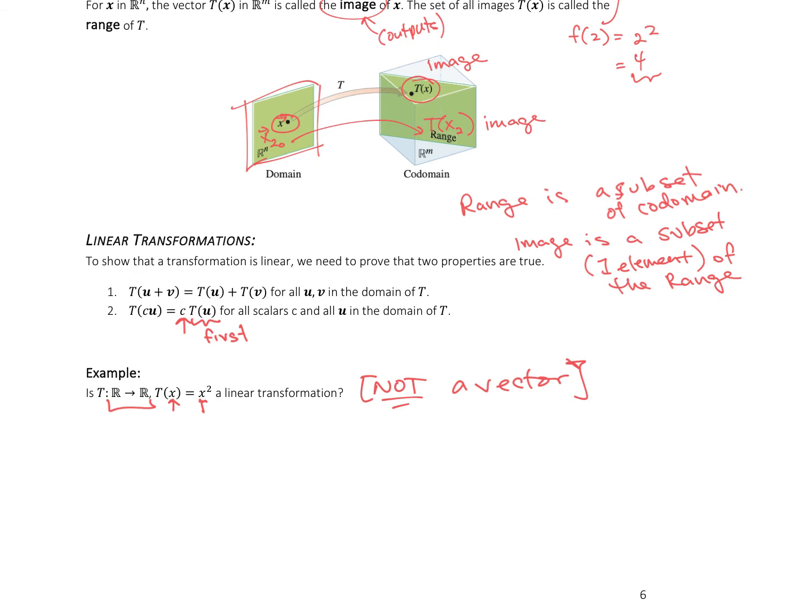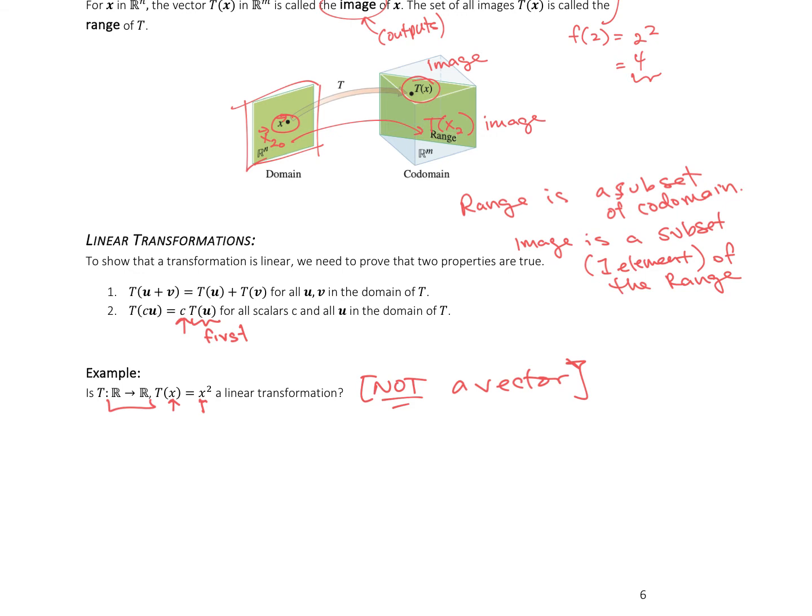Here's the catch. It is really easy to show something is not true. It is not so easy to show something is true. In order to show something is true, I have to show that it's true for every single possible x value, in this case.